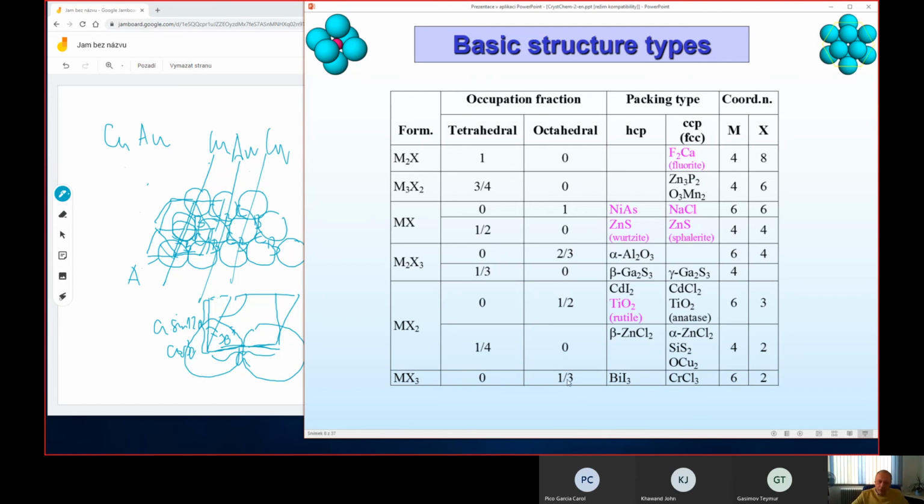And here, if we occupy 1/3 of octahedral sites in HCP and CCP structure, we obtain the structures of bismuth iodide or chromium trichloride and so on. And now I would show the respective structure types and discuss them in more detail.